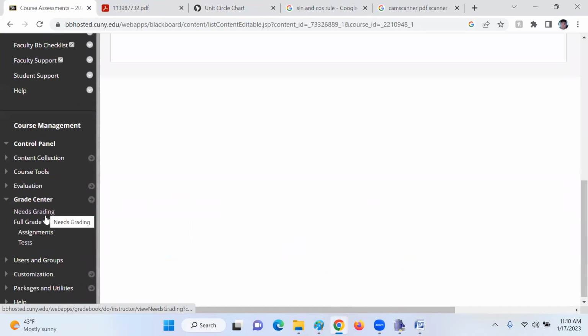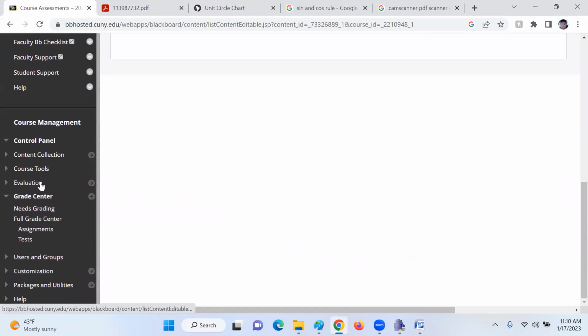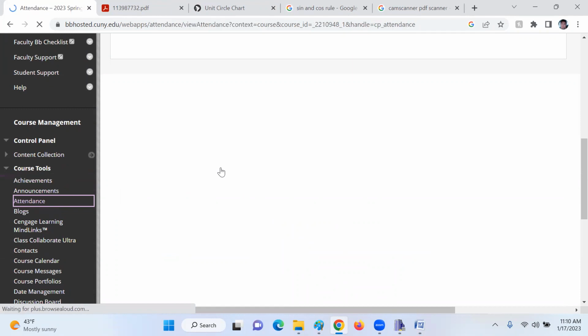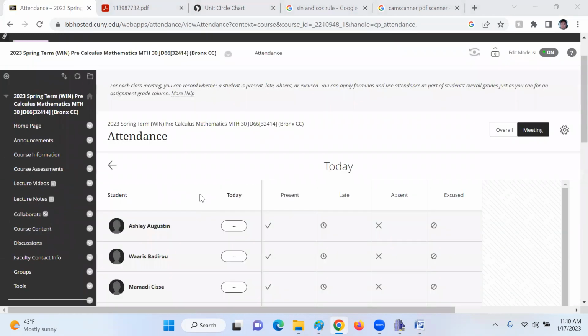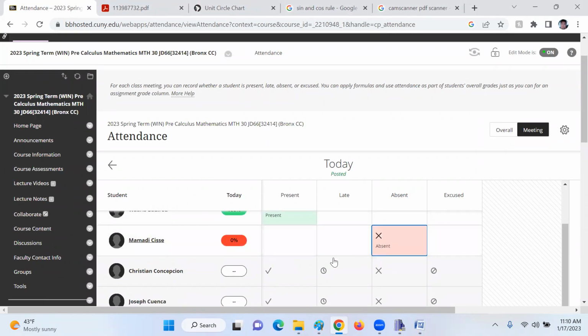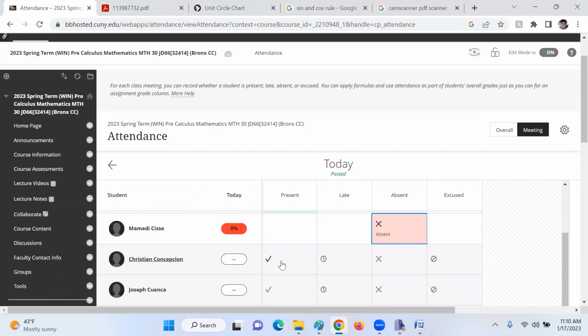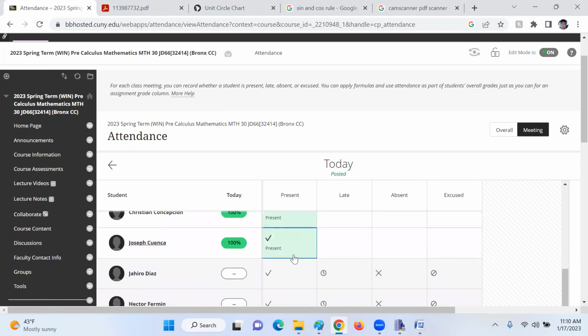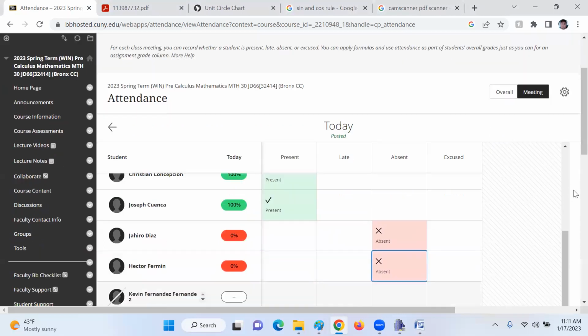So before we leave, I think we need to take attendance. Okay, so Ashley's here, Raris is here, Christians is here, Joseph is here, Yahiro is not here, I think. Hector is not here.